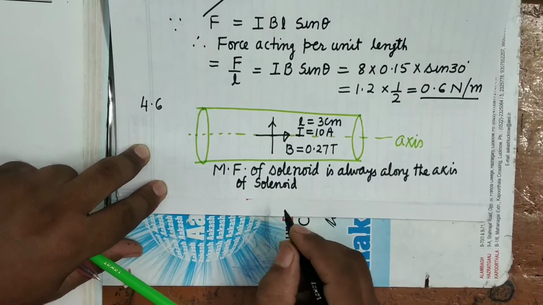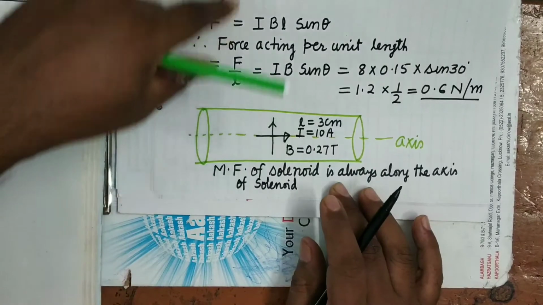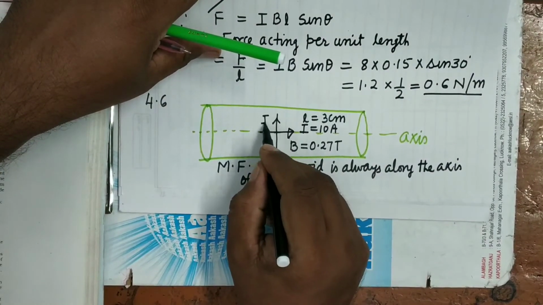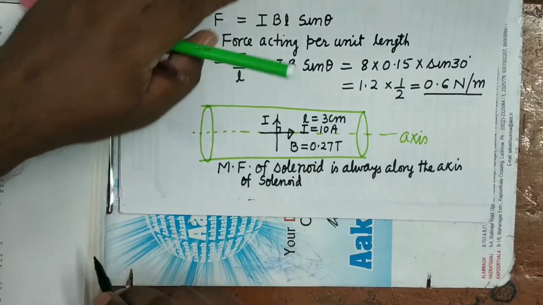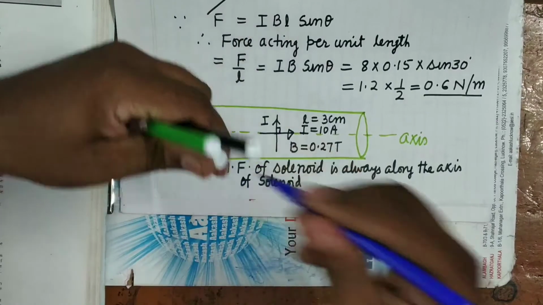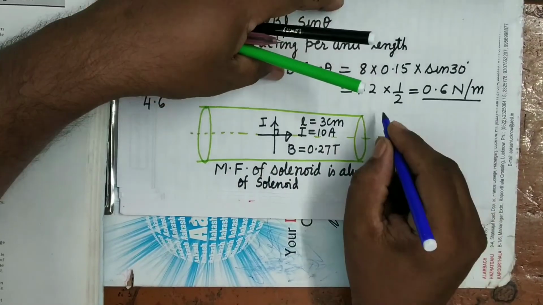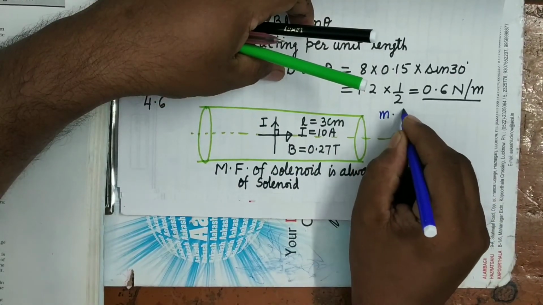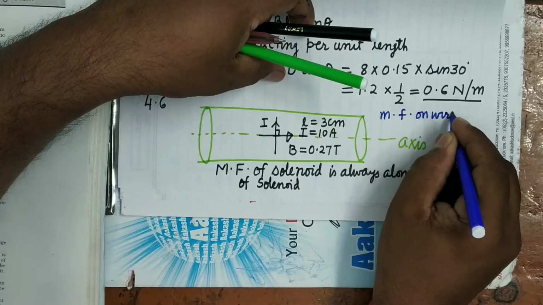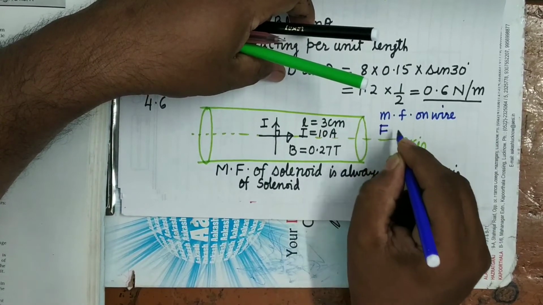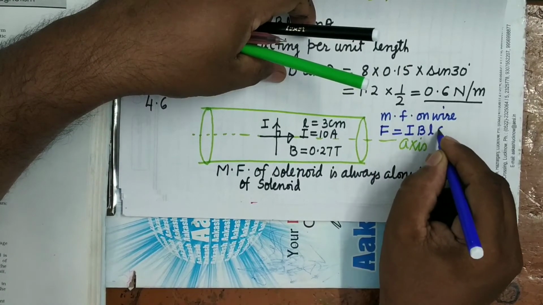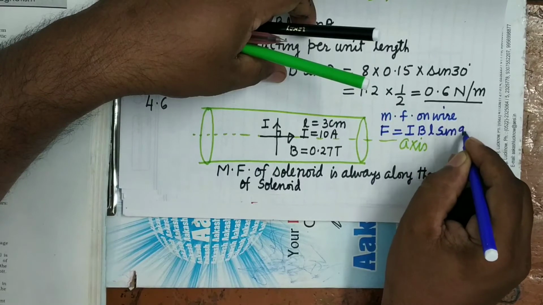So you have to find the magnetic force acting on the wire. What will be the angle between vector B and current I? Here this is theta. So what is the magnetic force that you can find? Magnetic force on the wire, F equals I B L sin 90 degree.